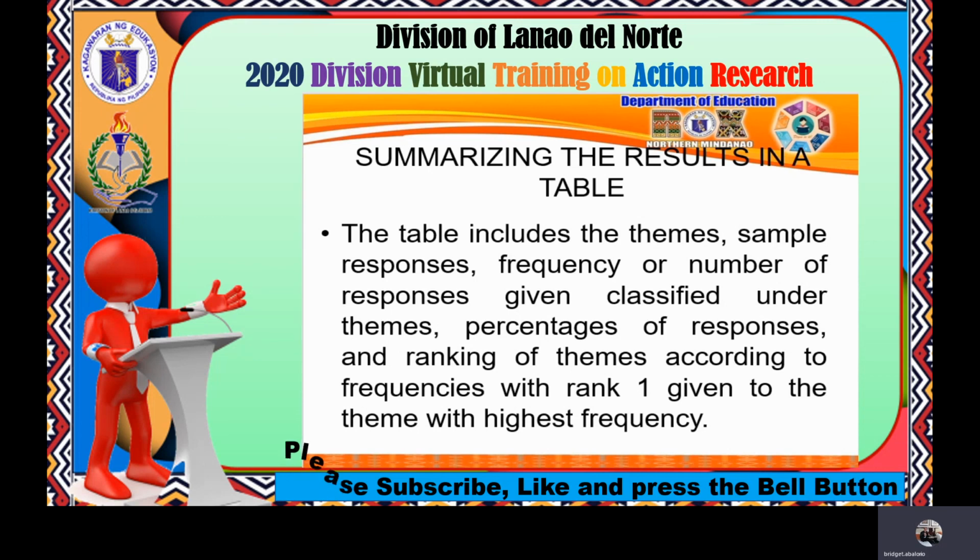The table includes the themes, the sample responses, the frequency or the number of responses classified under each theme, the percentage of responses, and the ranking of themes according to frequency, with rank 1 given to the theme with the highest frequency.